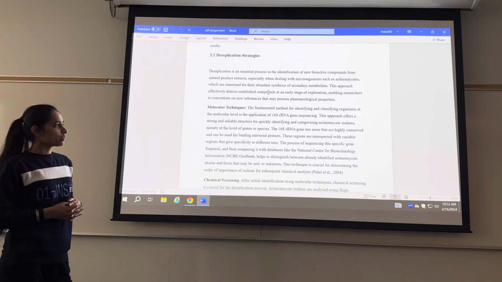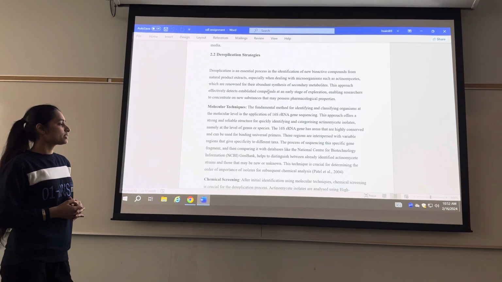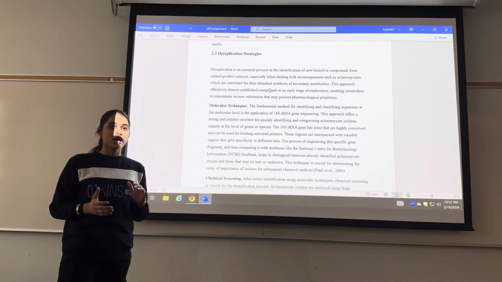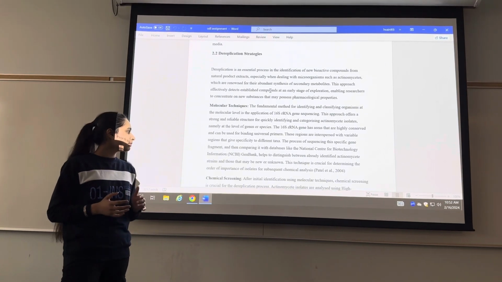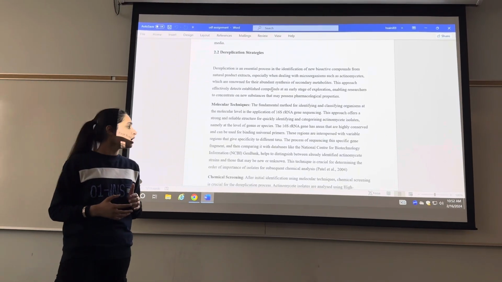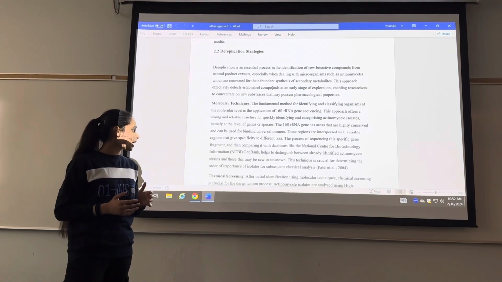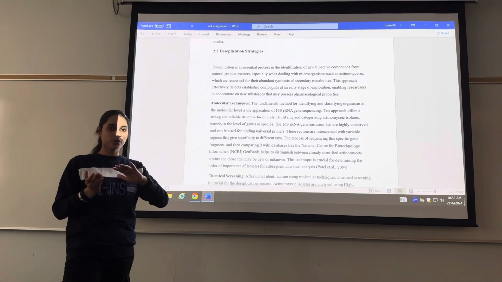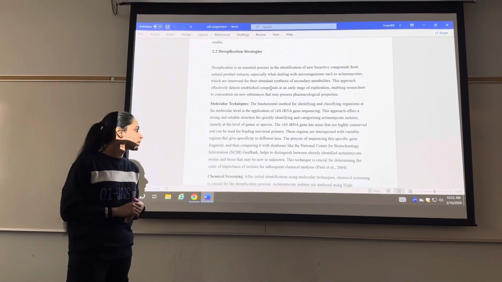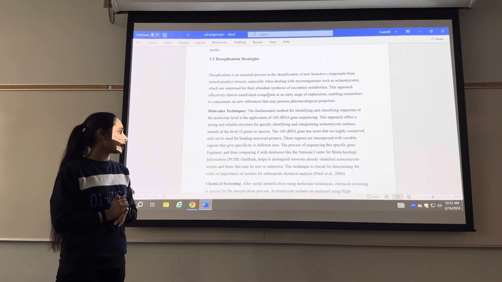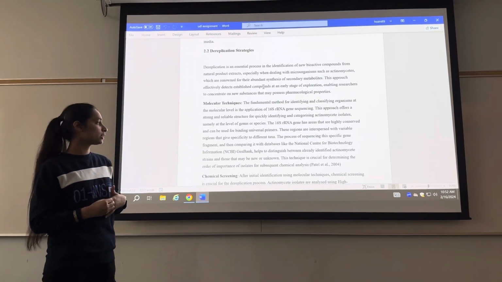In this process we sequence a specific gene fragment and then compare it with the NCBI GenBank database, which helps to distinguish between already identified actinomycete strains and those that are new or unknown. So this technique is crucial for determining the order of importance of isolates for subsequent chemical analysis.